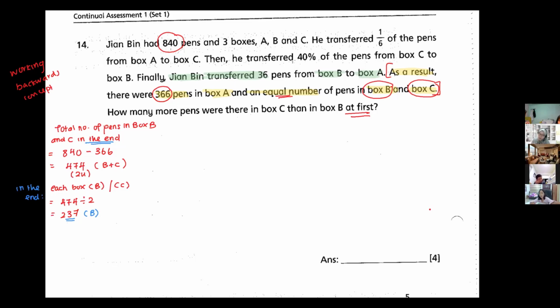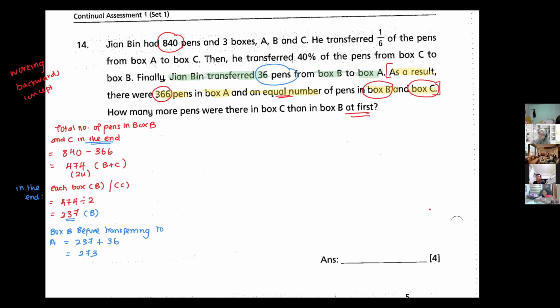Since I know that box B in the end is 237, I want to work one step backwards. Before transferring from B to A, this is my grand total in B: 237, you plus the 36, and you will get 273.